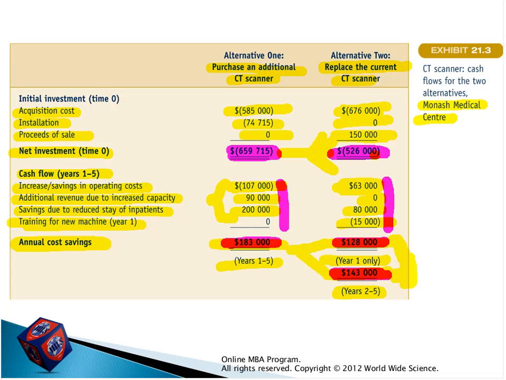In this example, the details are not given. I have taken this example from a book on financial management, and the details of the cost savings on the second project are not given, just the total amount. That is enough for you to make decisions based on two projects.